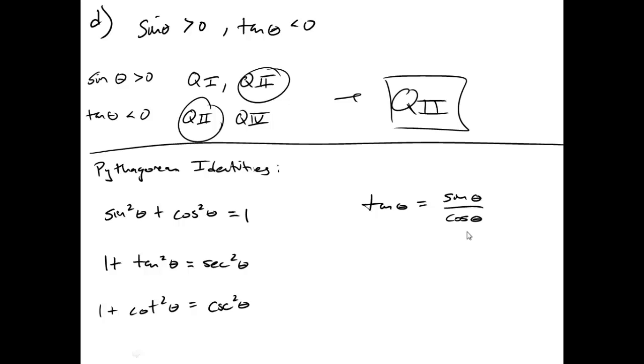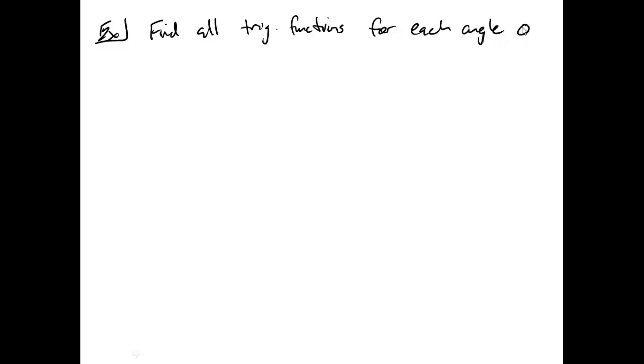So we can use these identities along with information about quadrants to figure out all the trig functions for a certain angle if I give you one of them. Alright, so all you need is one trig function for an angle, and you can find all the others for it. And that's what we're going to do next. Alright, so for example, if I said find all trig functions for each angle theta given.